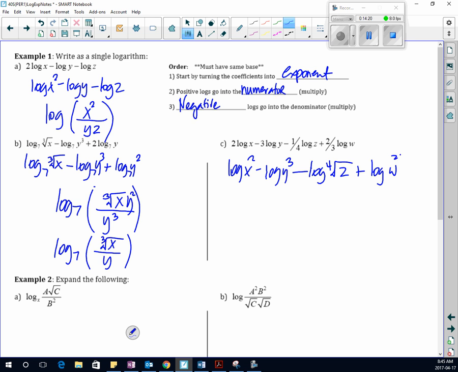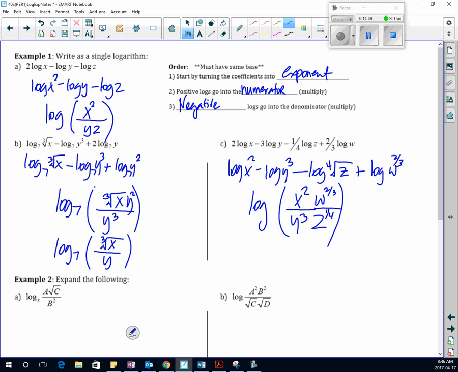I guess I'm going to write it as the power 2/3 because that's a z, not a 2. Okay, so then it's log of x squared, y cubed is on the bottom. The z, if you want, sorry, I'm going to write the z on the bottom as z to the power 1/4 or the 4th root of it, and then w to the power 2/3.